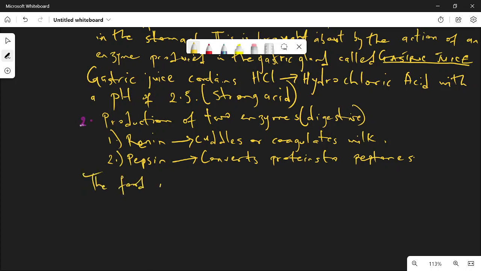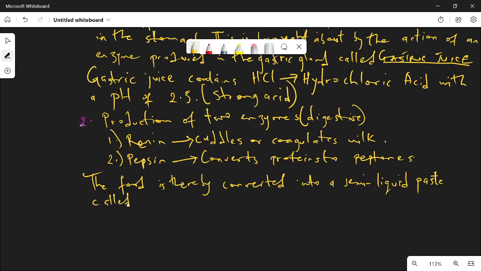The food is thereby converted into a semi-liquid paste called chyme.